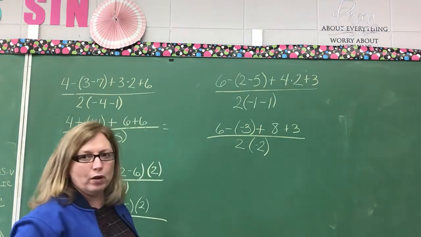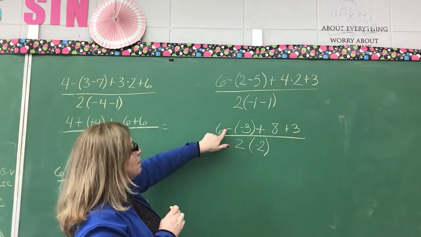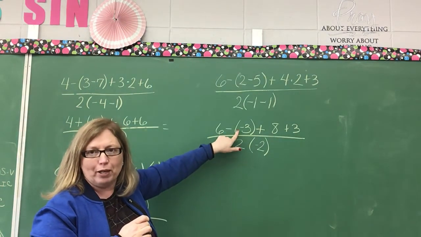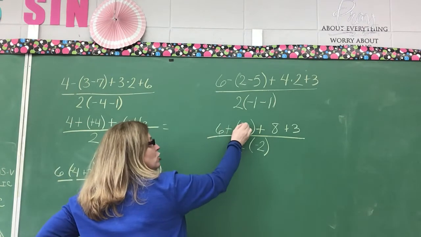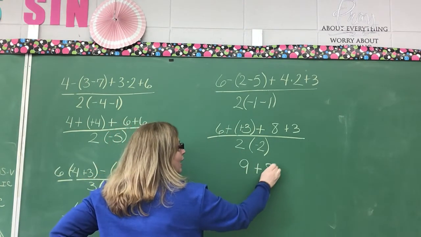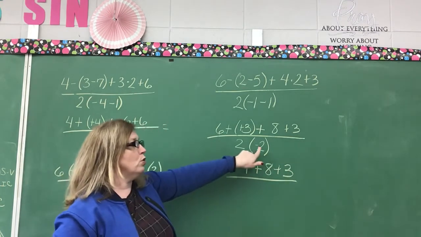Okay, now what do I do? Well, let's put our adding and subtracting together. So 6 minus negative 3. I cannot subtract a negative 3. So what am I going to do? Change this to an addition and that. So now I have 9 plus 8 plus 3 over. What's 2 times 2?